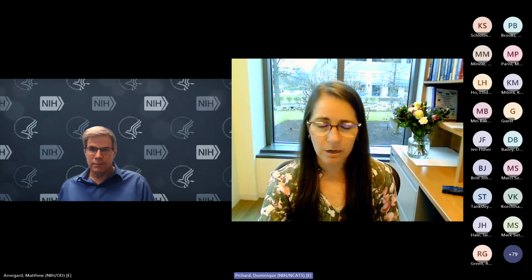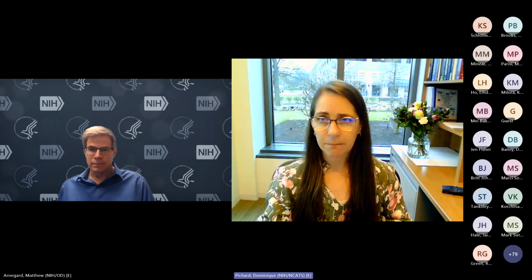There's a question: can you confirm the minimum number of states required or preferred? Is there a preference if participating states are located in the same region or close to each other? One of the goals is to really have states that differ in different aspects. They may be states that have not previously worked with NIH research, or states that have no experience with genomic sequencing.